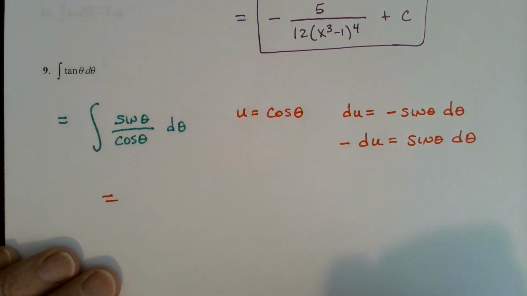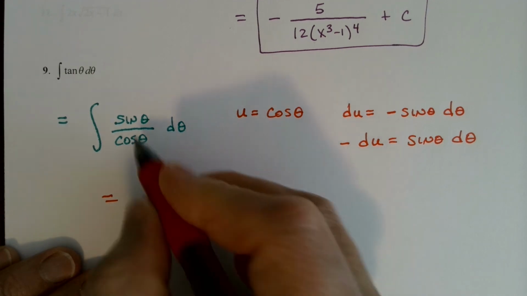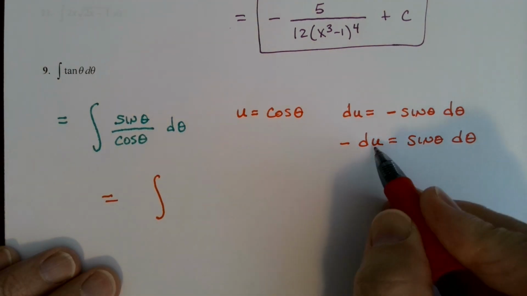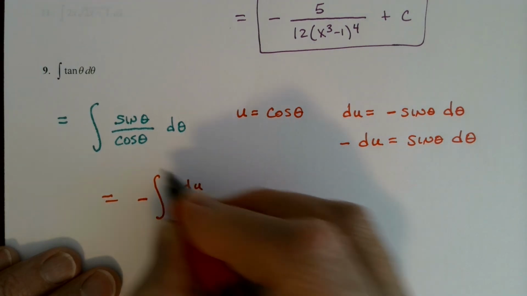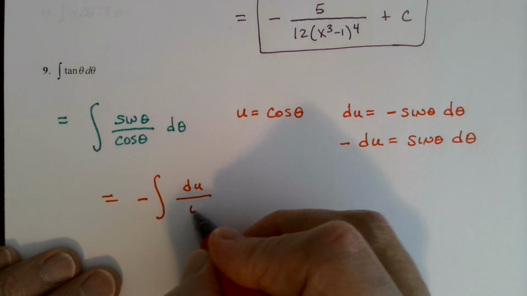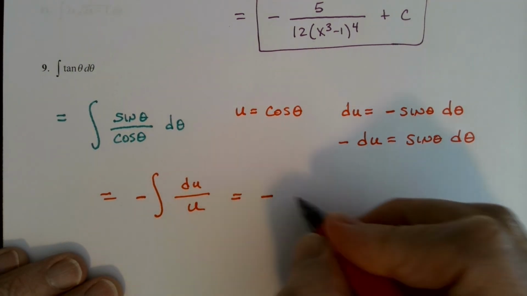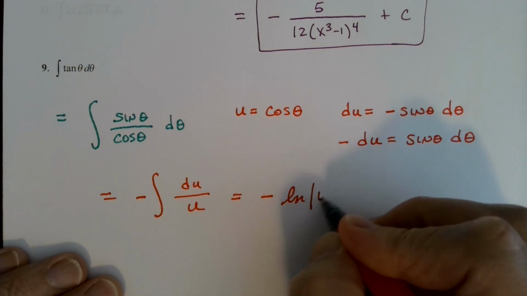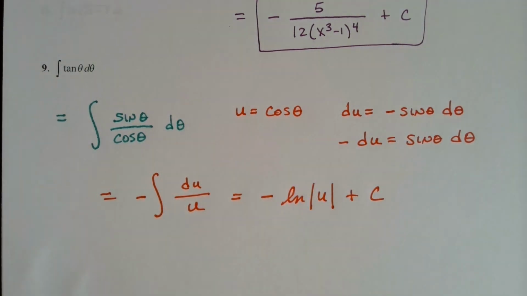And you see what I have now? This changes this integral into what form? The sine theta d theta is minus du, so I've got the minus 1 comes out here, du over cosine theta, but that's just u. This is 1 over u du. What integral is that? That's natural log absolute value of u. Of course, I've got this minus 1 in front of it in this case.